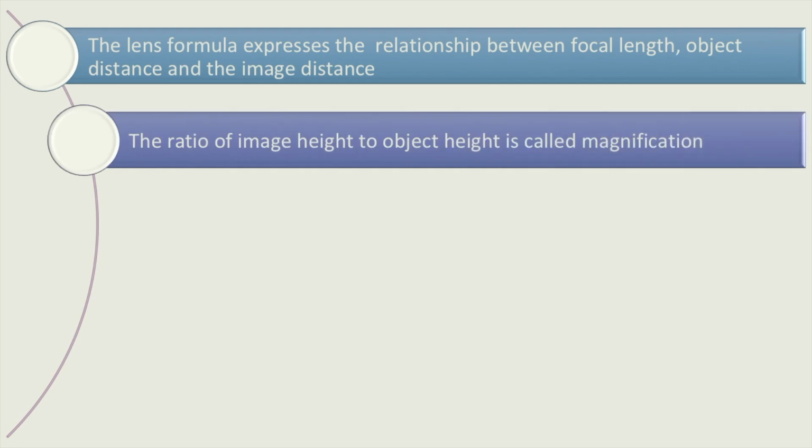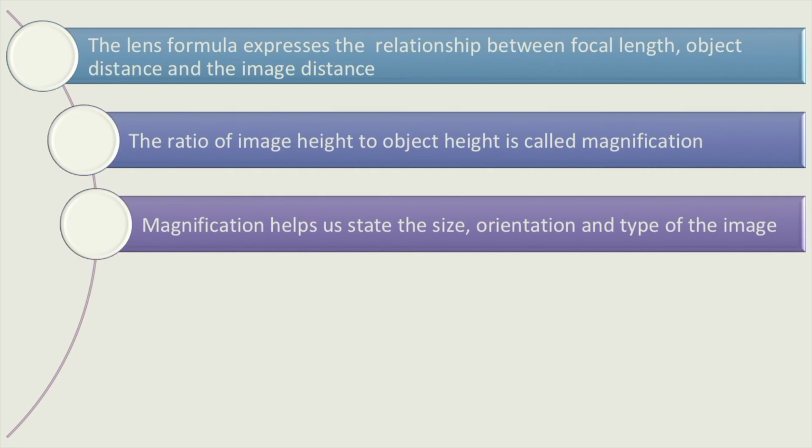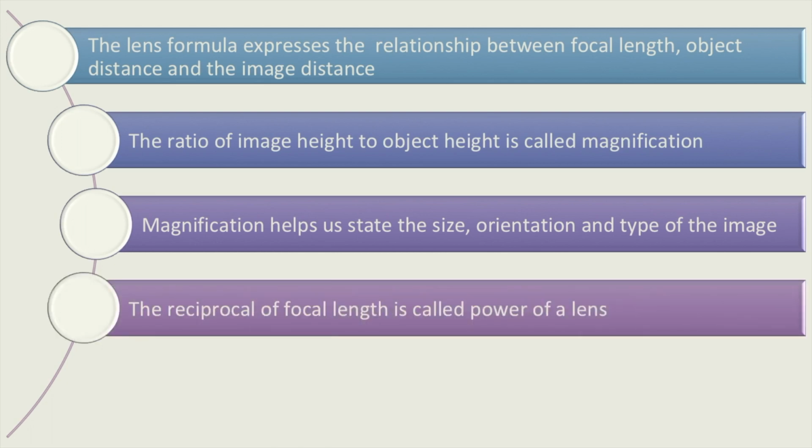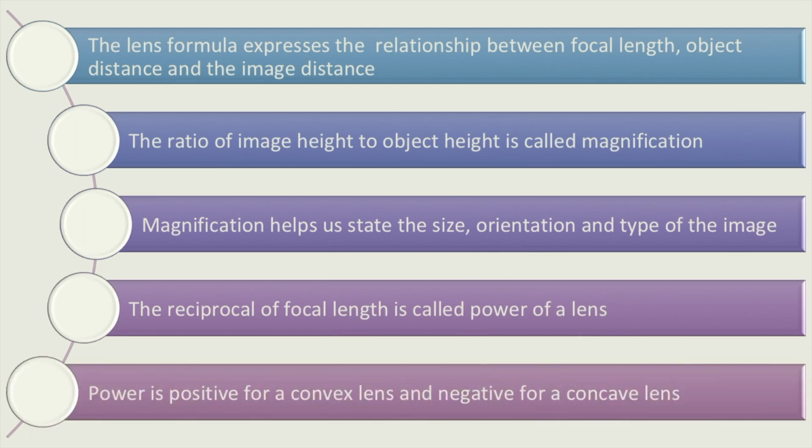The ratio of image height to object height is called magnification. And the value of magnification helps us state the size, orientation, and type of the image. The reciprocal of focal length is called power of a lens, which is always positive for a convex lens and negative for a concave lens.